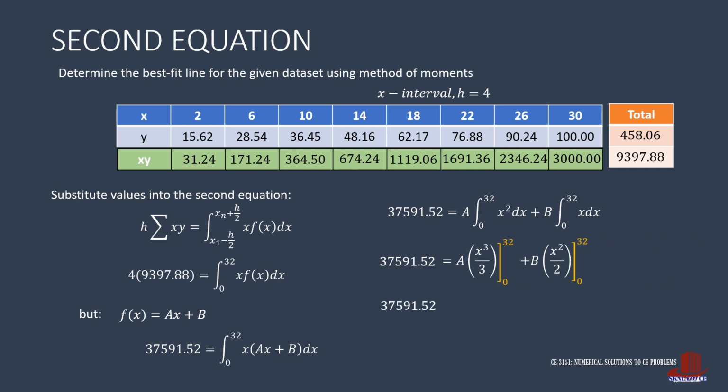So eliminate x with the use of limits to have 37,591.52 as a times a third of 32 cubed minus 0 cubed plus b times half of 32 squared minus 0 squared. Simplify this and get 37,591.52 equated to 10,922.6667a plus 512b.